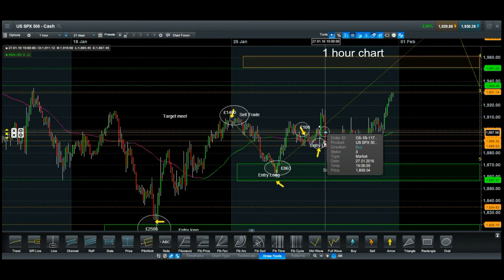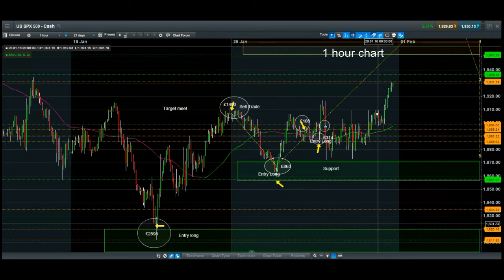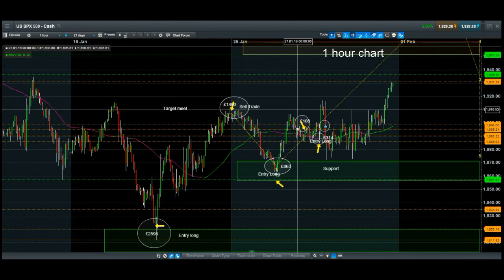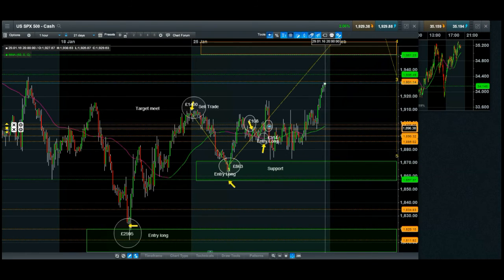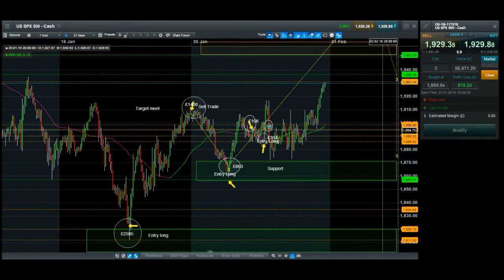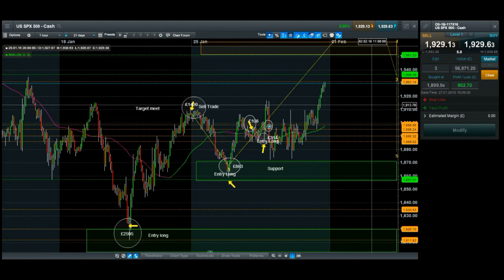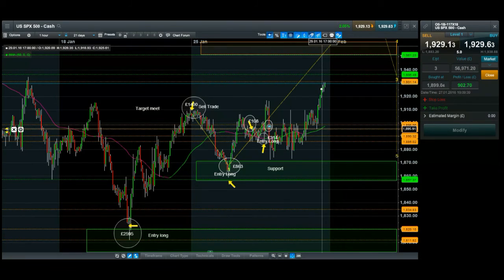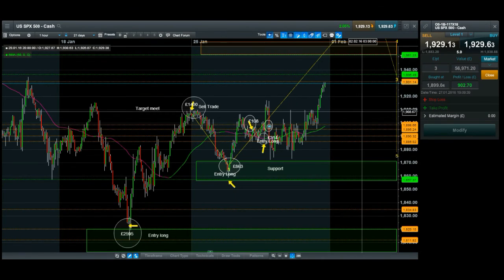So here I'm going to end the trade now. Altogether, I have made one, two, three, four, five, six trades, and this one generates £910. So that's not a bad profit, but it could be better. I mean, if I could capture it here, which is supposed to be the support area, then it'd be even better.